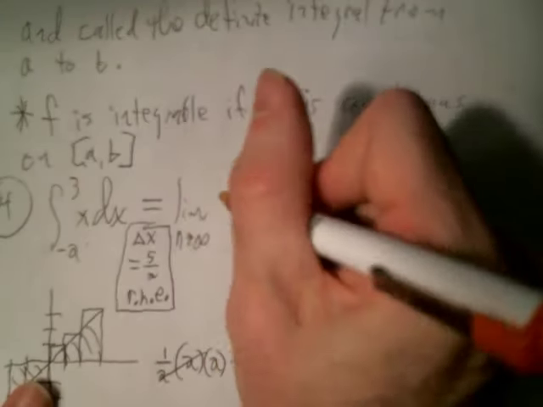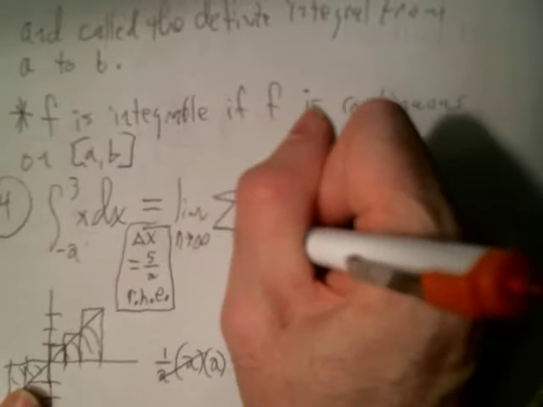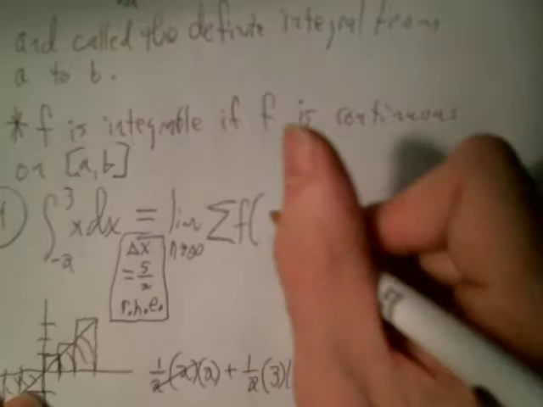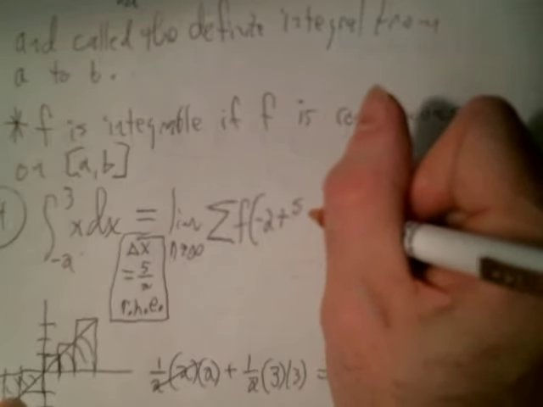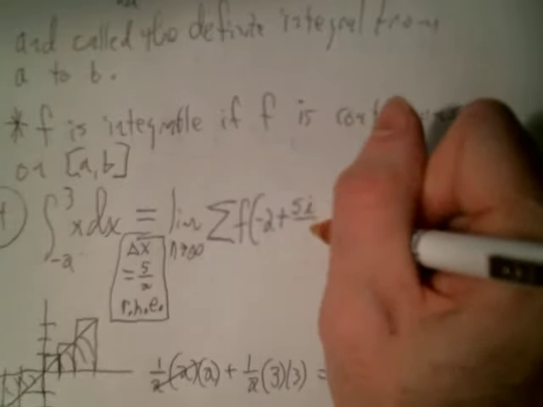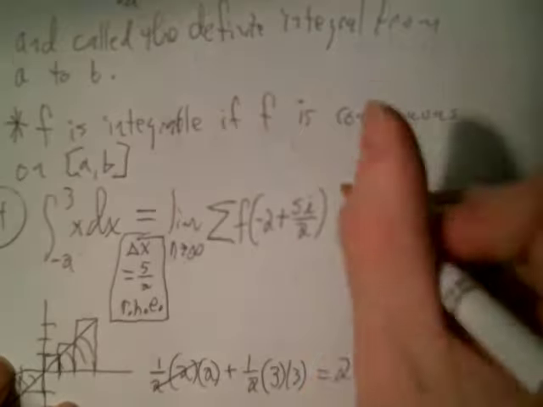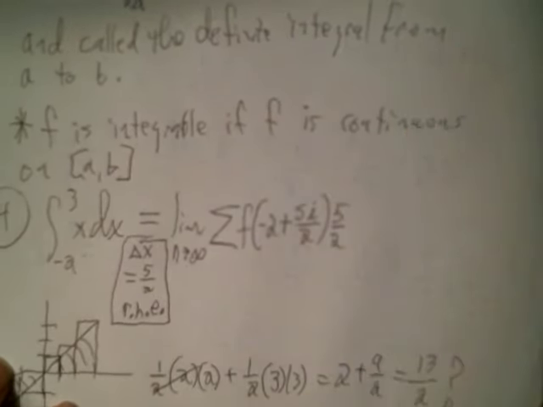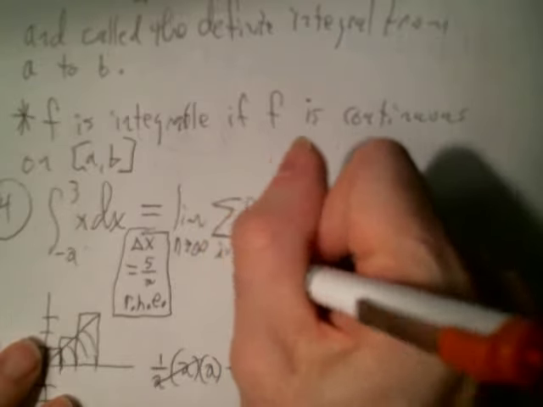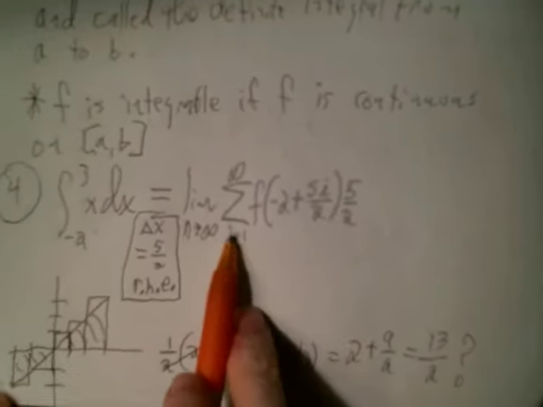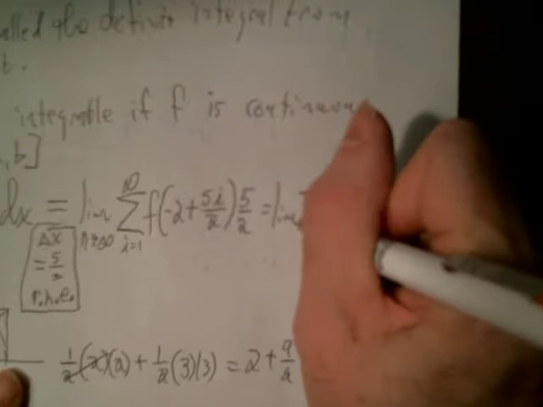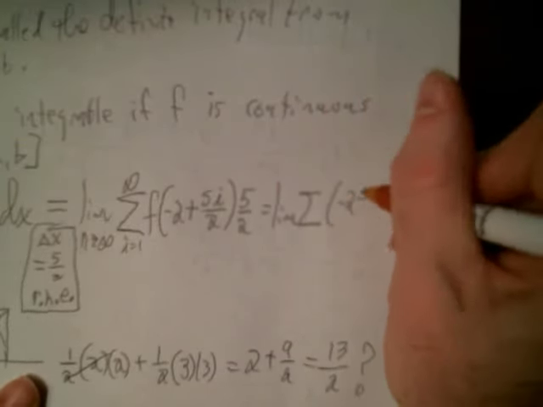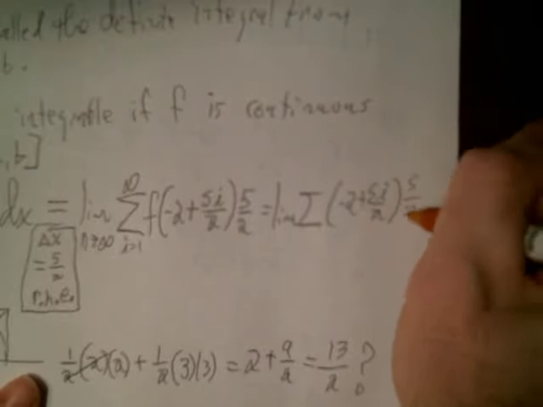I'll skip the whole partition baloney, of the sum of f of, and we start at -2, and then we're adding in 5 halves i, so 5i all over 2, and then again, the delta x is 5 halves. The function is just x. So when I plug this in here, I'll just get this right back out. So we'll have the limit of the sum of -2 plus 5i over 2 times 5 halves.